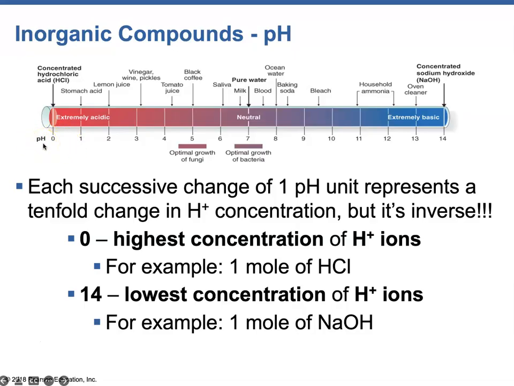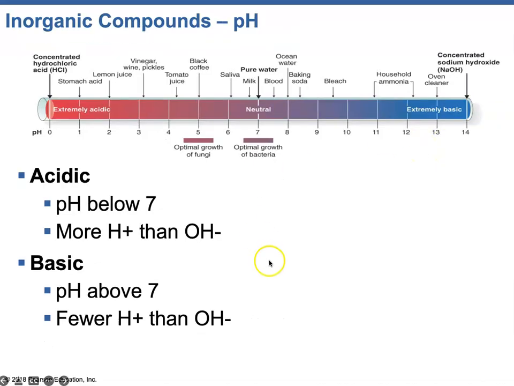And so that is how they go through and determine how acidic is something or how basic is something else. So things that are going to be more acidic are going to have lower pH numbers. Things that are going to be more basic are going to have higher pH numbers. Easy way to remember this: if the pH is below 7, it's acidic. If the pH is above 7, it's going to be more basic.